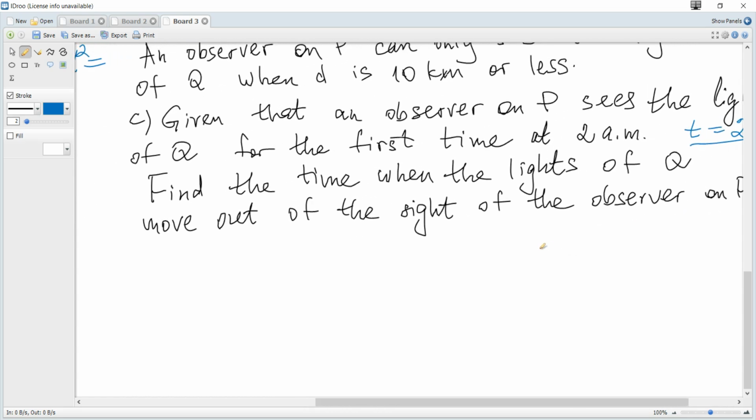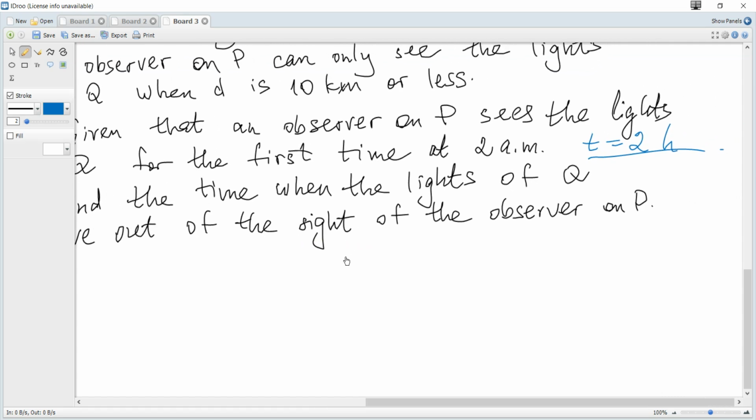Find the time when the lights of Q move out of the sight of the observer on P.